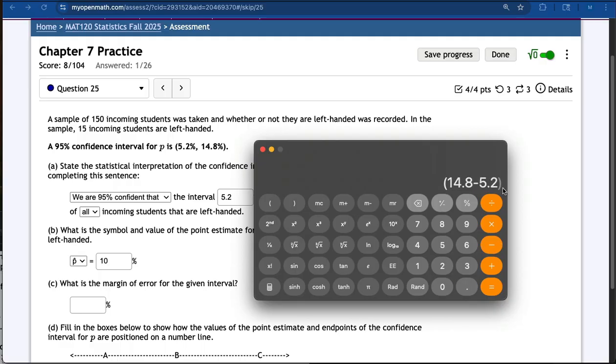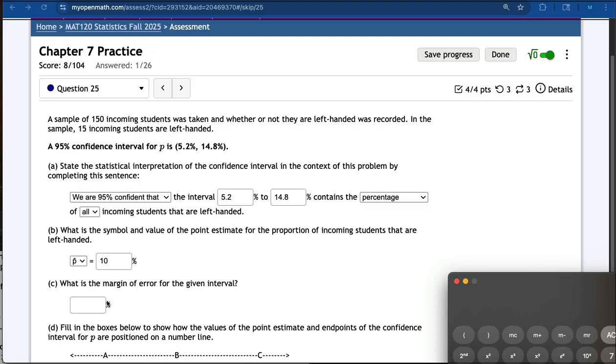So upper limit minus lower limit, close parenthesis, and divide by 2, because the margin of error is the two halves of the interval, right? So that's 4.8%, which isn't too bad.